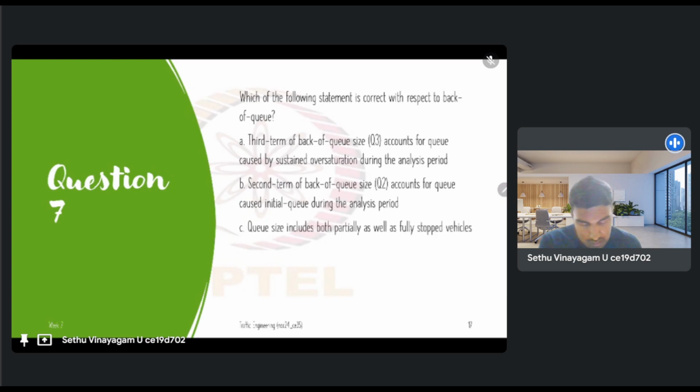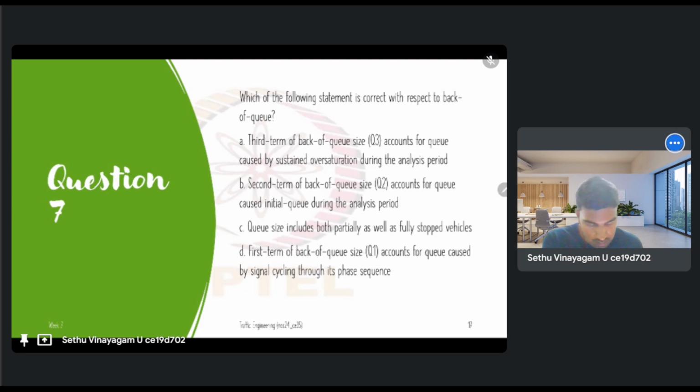Option C is Q size includes both partially as well as fully stopped vehicles. And D is the first term of the back of Q size, Q1, accounts for Q caused by signal cycling through its phase sequence.